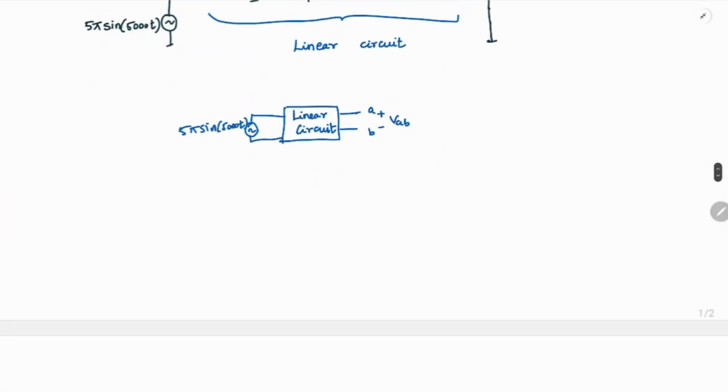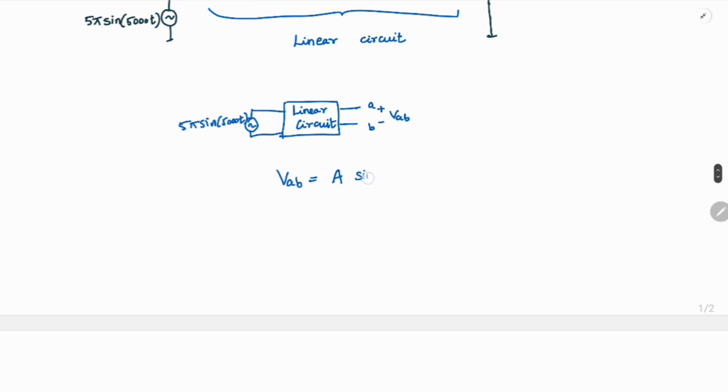For a linear circuit, we know that your output also should have some amplitude scaling, and it will also be of the sine form with the same frequency. So it should be 5000 t and there can be a phase shift. Only the amplitude and the phase change. Your frequency remains the same.